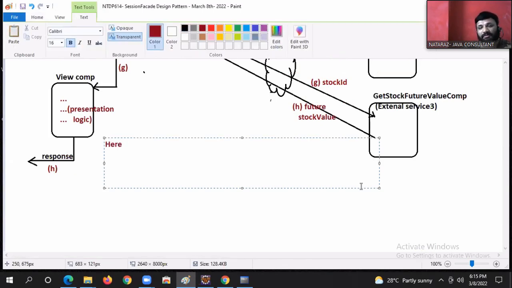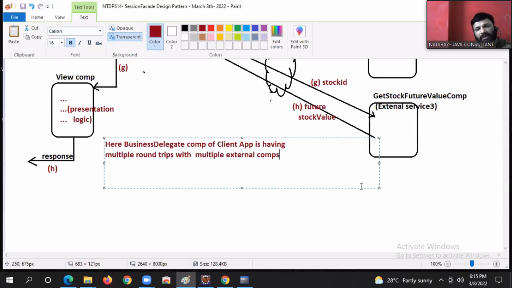Okay, tell me. Business delegate. The business delegate component of the client application is having multiple round trips with multiple external components.